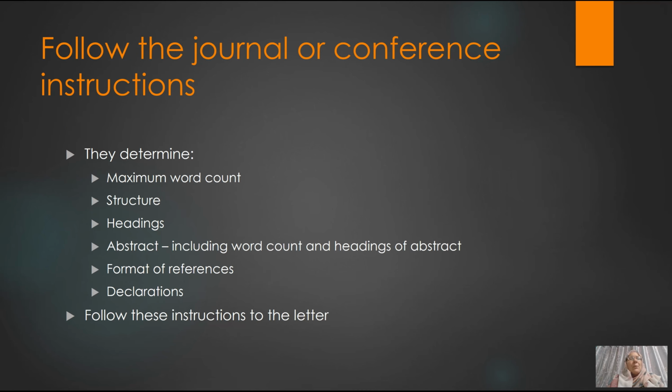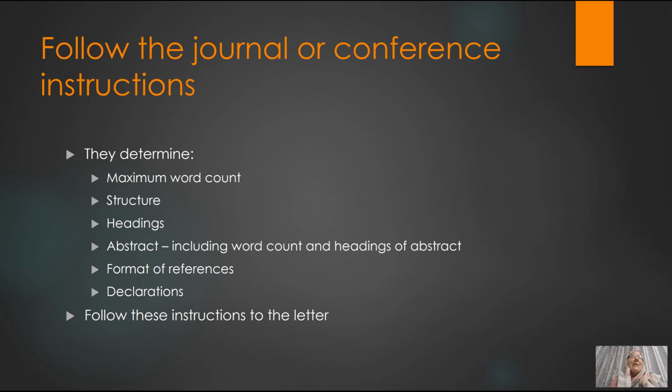The basic importance here is that you have to follow the journal instructions. So before you finish and format your paper, you have to choose the journal you want to submit your paper to, and you have to follow exactly the instructions for authors that they have in all of these points. So you will find the maximum word count, you will find the structure they desire, you will find the headings you have to put. So do you have to put background, or do you have to put introduction?